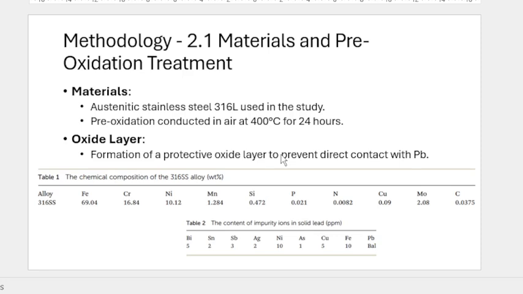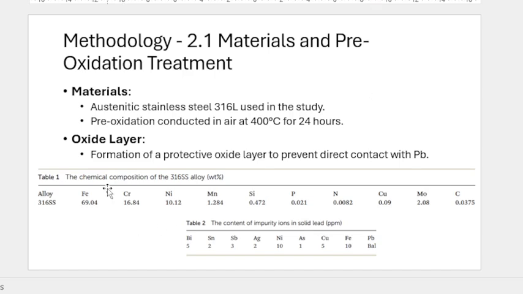As for the methodology, the material being used is austenitic stainless steel 316, with pre-oxidation conducted in air at 400 degrees C for 24 hours, forming a protective oxide layer to prevent direct contact with Pb.